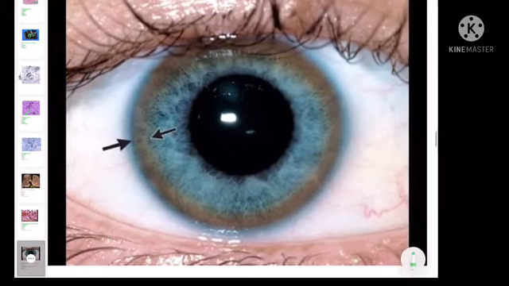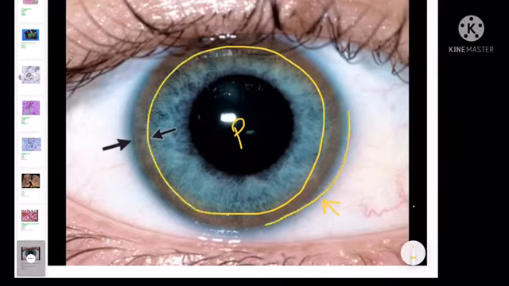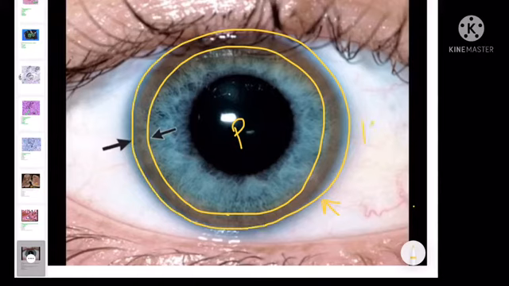So here we can see that this one is the pupil, and here is the cornea. At the limbal area, there is a circular ring, brownish. This is called the Kayser-Fleischer ring, and this is specific for copper accumulation.